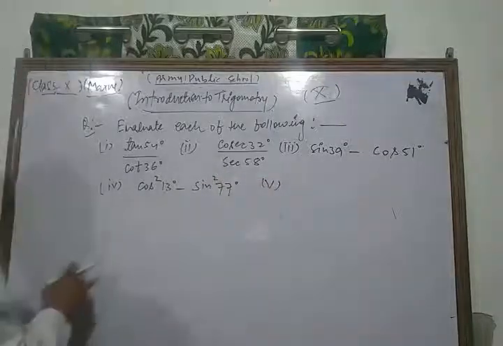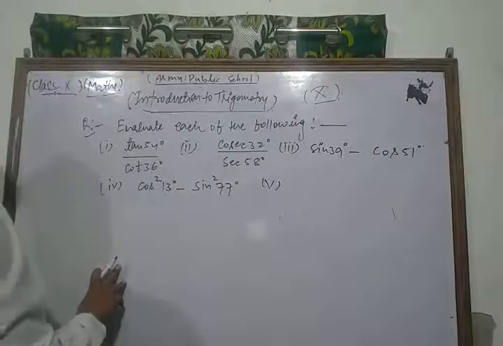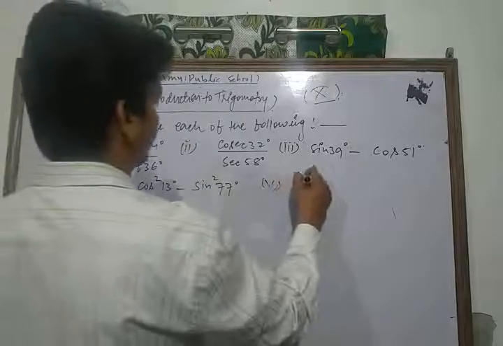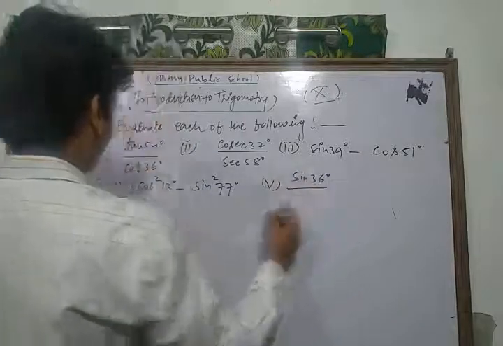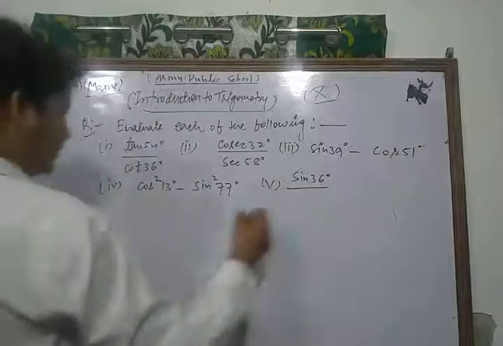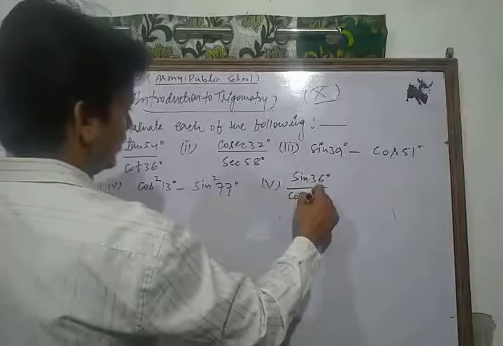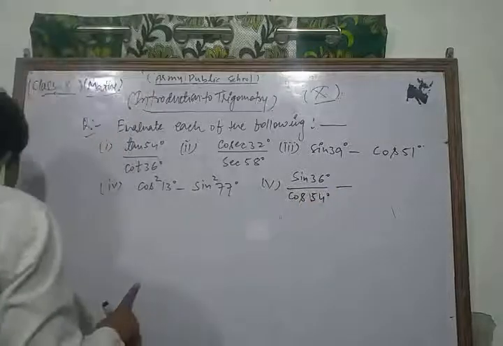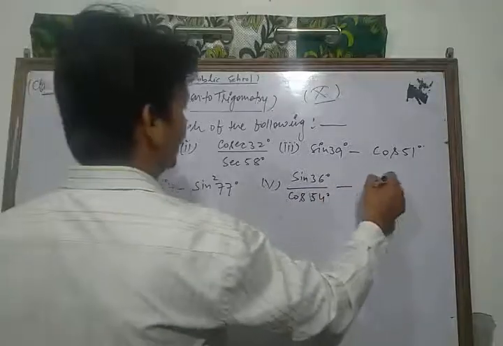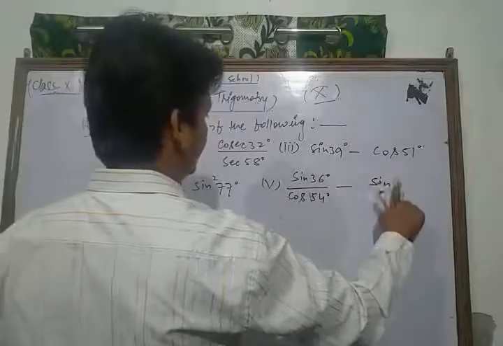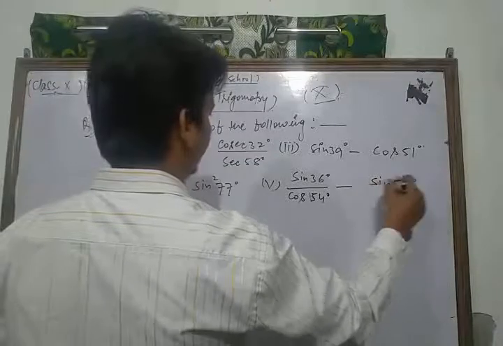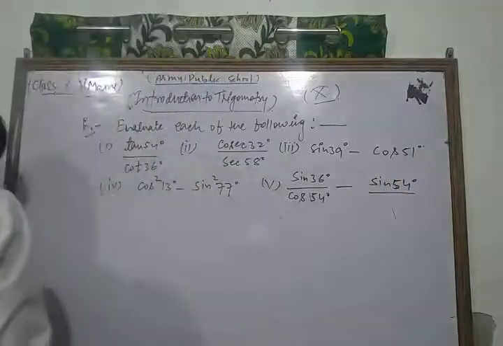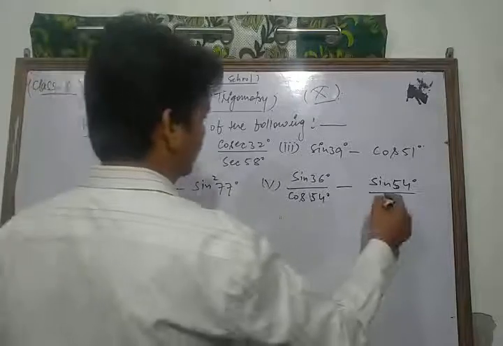And fifth one is what? Sin 36 degree upon cos 54 degree minus sin 54 degree upon cos 36 degree.